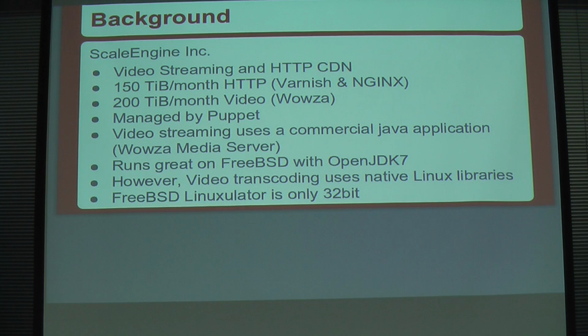However, to do video transcoding, to take in video at a high bit rate and generate lower bit rate versions of it for mobile and so on, or to change the video codec, the libraries they provide are native to Linux. And it's 64-bit, so we can't just use the Linux emulator because that's 32-bit only. We tried various other things like Debian and kFreeBSD and everything else we could think of, and the only solution that seemed to work was running CentOS.